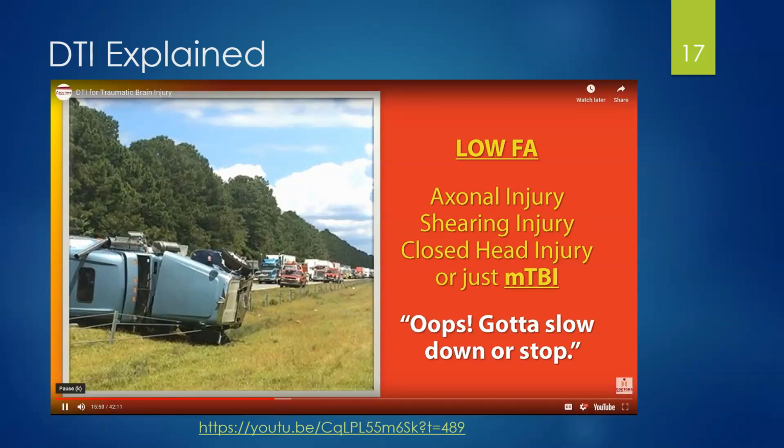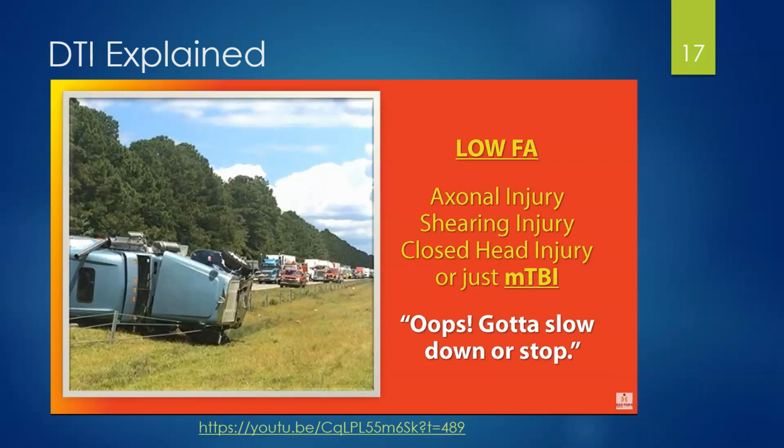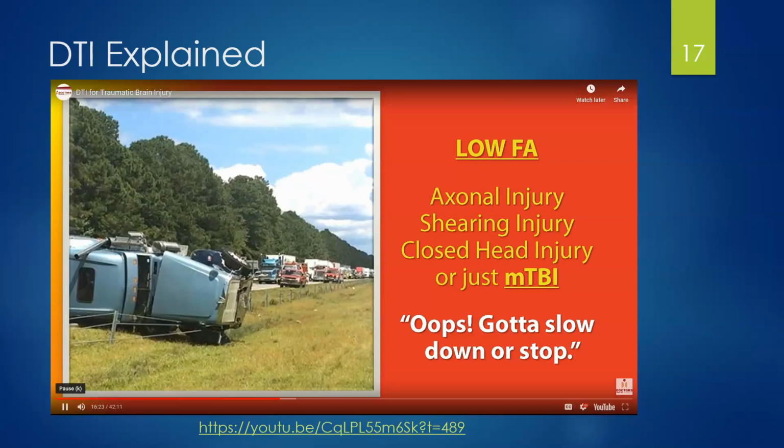And if there's a short circuit and the insulation gets bad, you're likely to have your lights go off, or your radio stop playing, or your TV go haywire. Well, in the brain, if there's an injury to the axon, it's going to interrupt the water molecule from flowing. It's going to mess up the connection, and well, things are going to slow down, and there's going to be clinical symptoms that go with it.